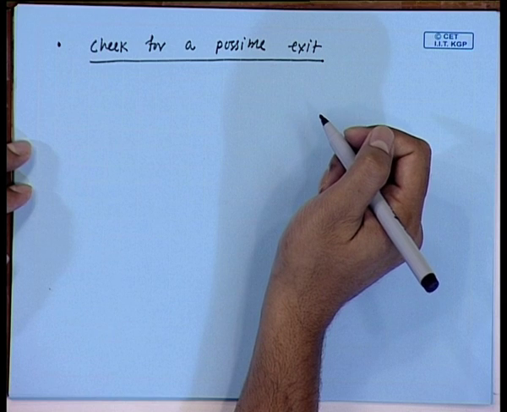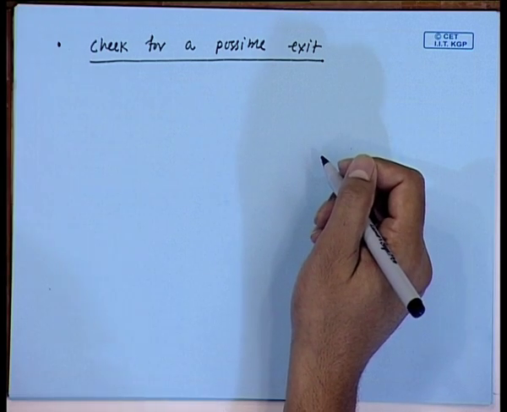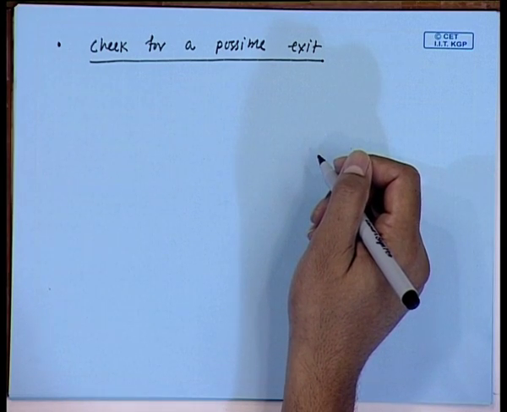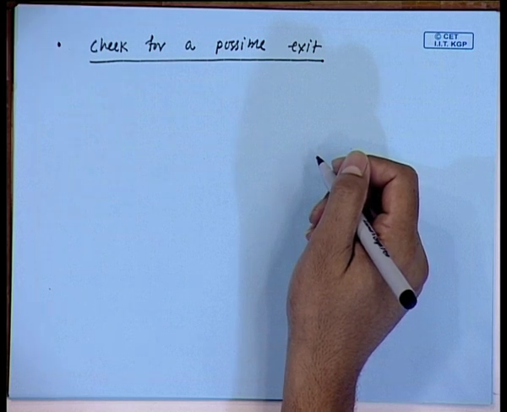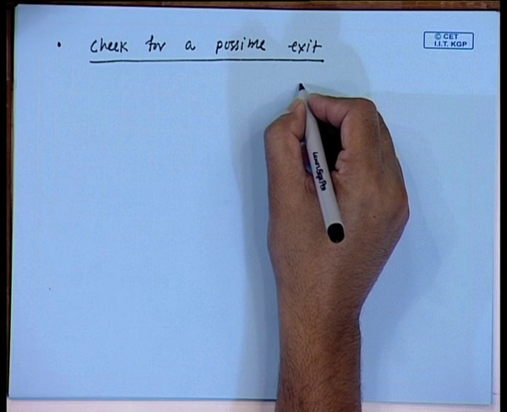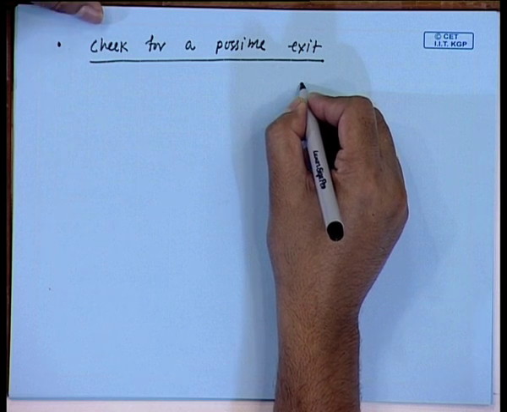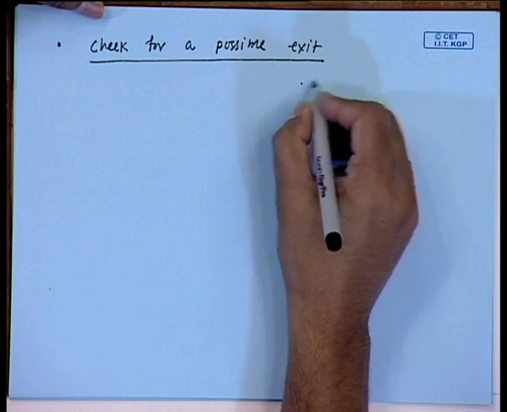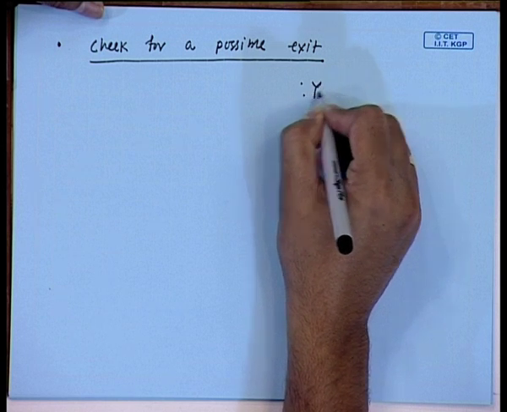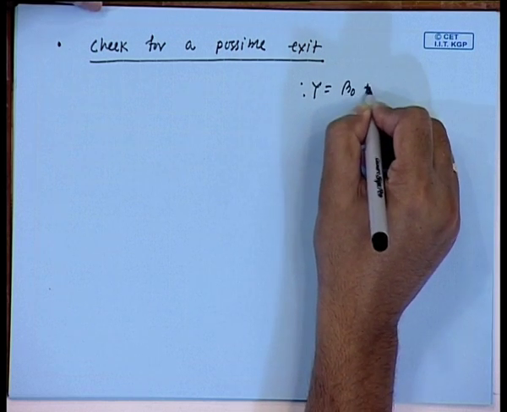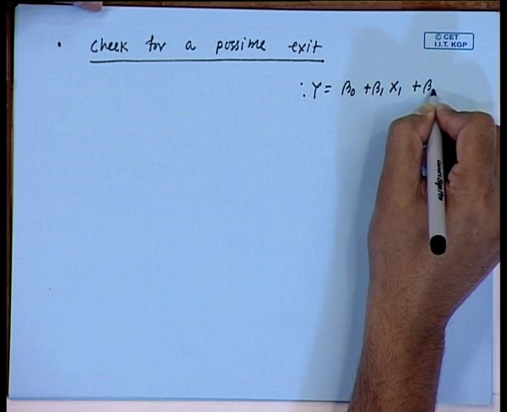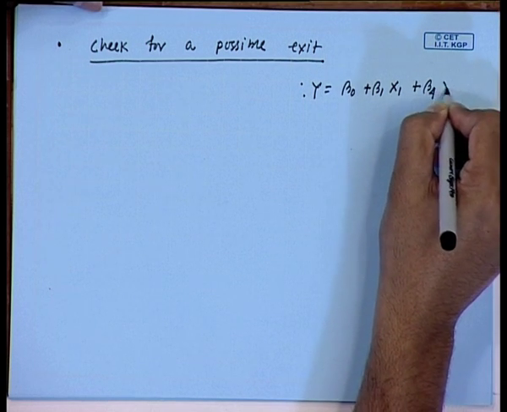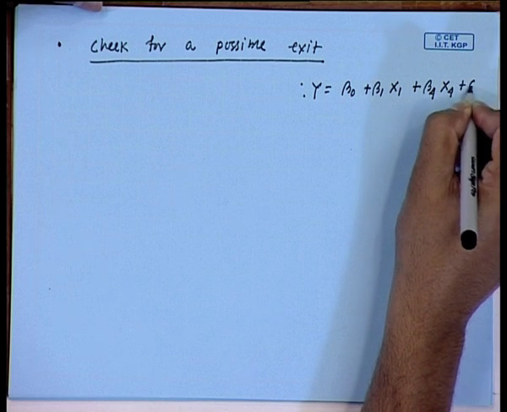We have x 1 and x 4 in the model. So, the model is y equal to beta naught plus beta 1 x 1 plus beta 4 x 4 plus epsilon.